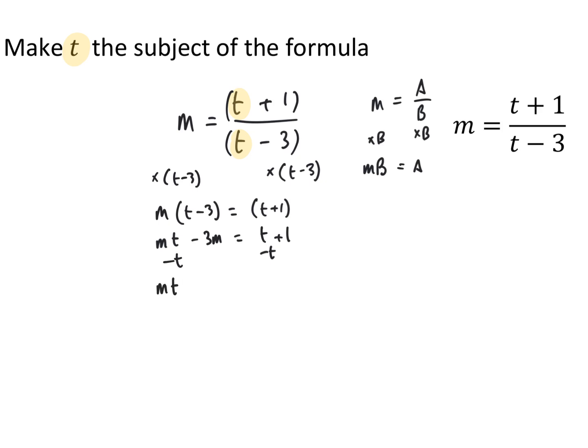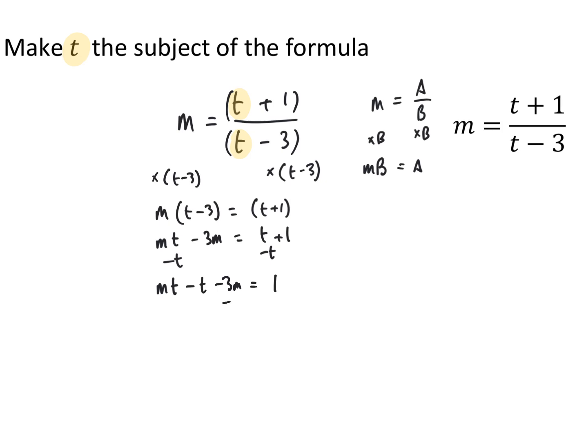give me mt minus a single t. Again, we can't group these as a single term because we've got a letter coefficient and a number coefficient. We've got m and we've got -1 for our coefficients. I've got the -3m still on the left, and I'm left with that +1 on the right.